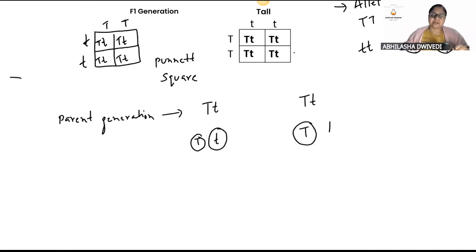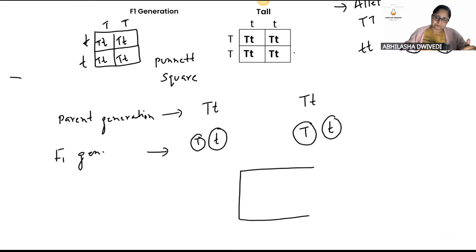So that's why you can do it like this. And this is called the F1 generation. I'll straight away go here. Familiar boxes, as you know, it is called Punnett square. So I'm not writing it again.